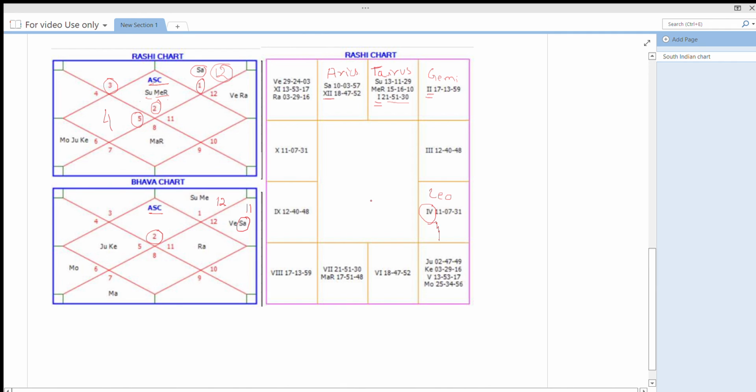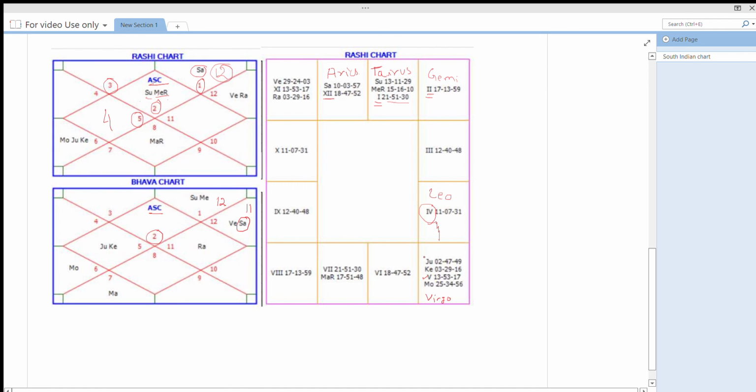Now let's look at here. This one. This one says the number 5. Okay. Number 5 means fifth house. And this has a Virgo sign.